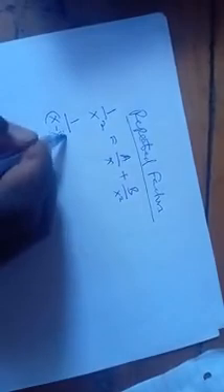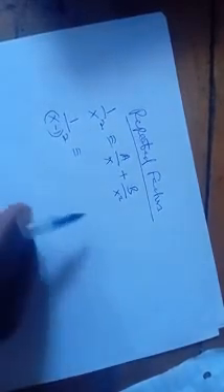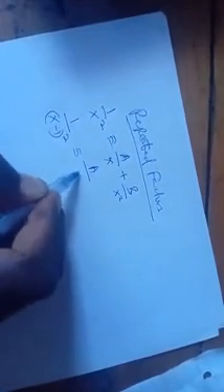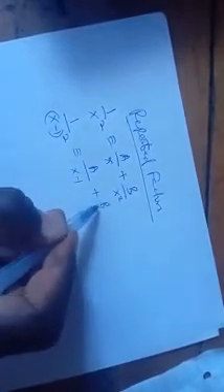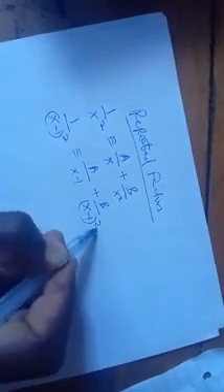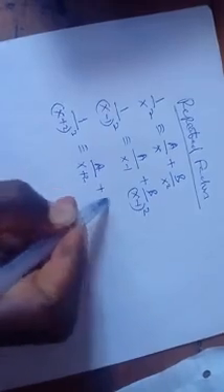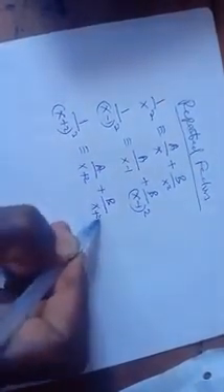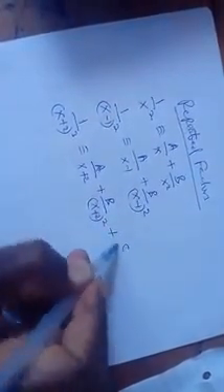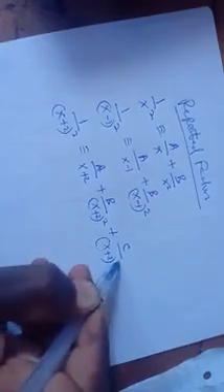Another repeated factor, you can have 1 over (x minus 1) squared. Expressing it in partial fractions, it is a divided by x minus 1 plus b divided by (x minus 1) squared. In case it was power 3, 1 over (x plus 2) cubed, you express it as a over (x plus 2) plus b over (x plus 2) squared plus c over (x plus 2) cubed.